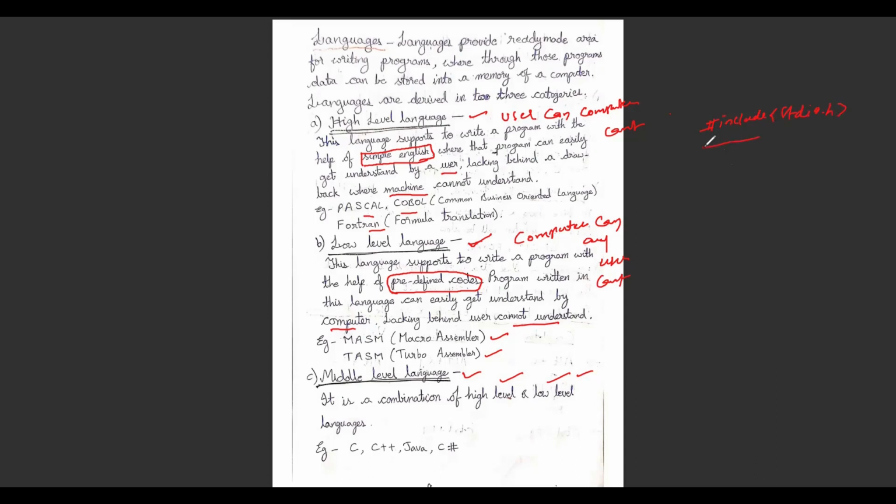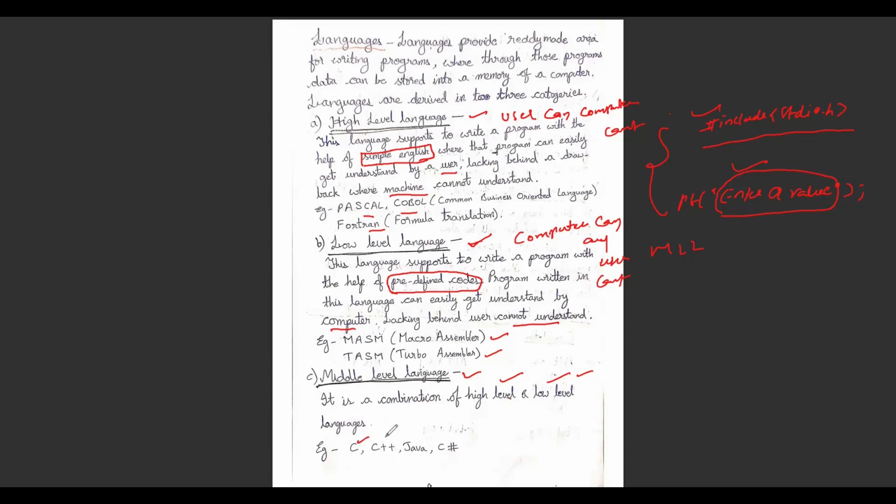So this is your predefined code. In the same way, when you go inside the program, somewhere you're going to write printf enter a value. This enter a value is nothing but simple English. Is that point clear? So you're going to use predefined codes as well as simple English, which is called your middle level language. So it is a combination of both.